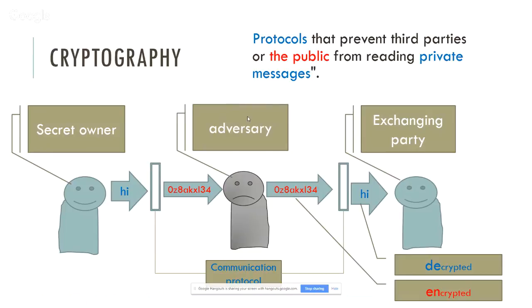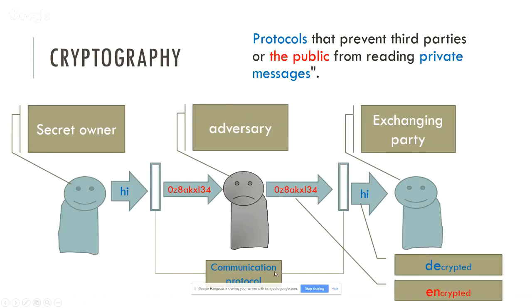We do so with a communication protocol which can make communication illegible, and then when we need it, make it legible again. The process is called encryption when we make it illegible, and decryption when we make it legible again.